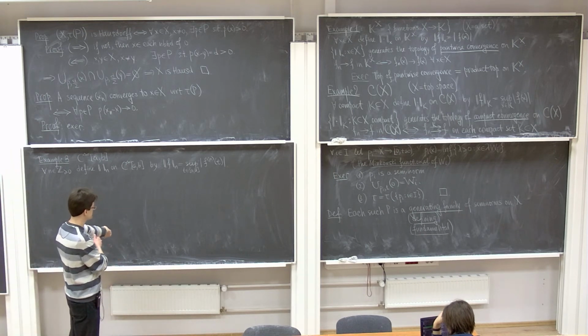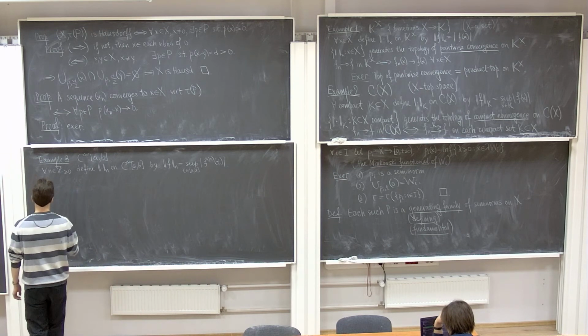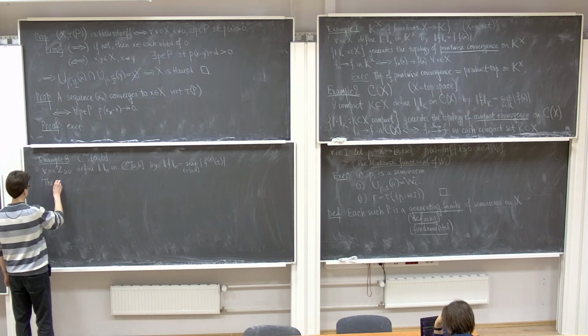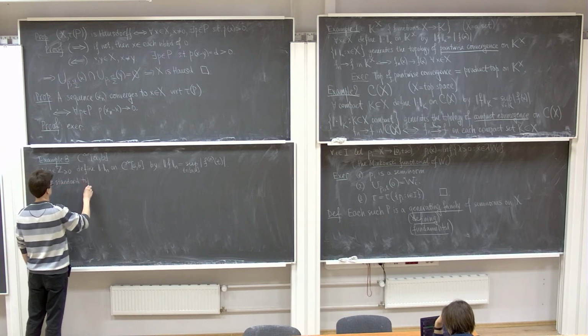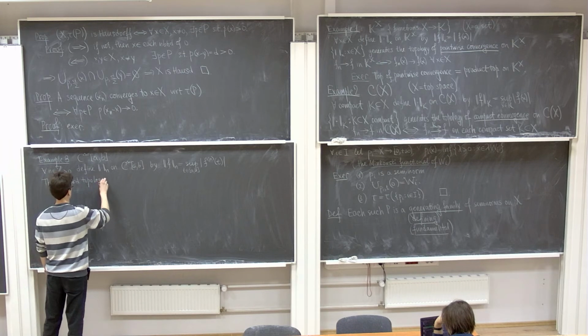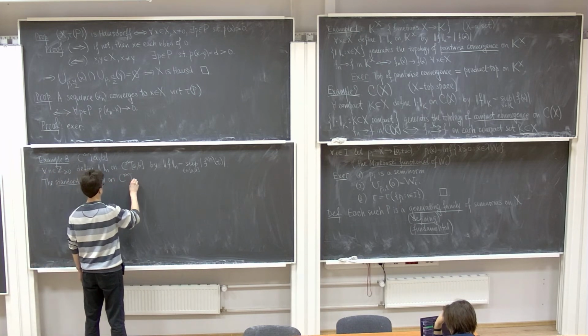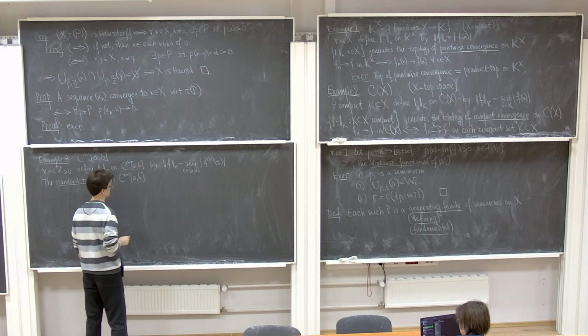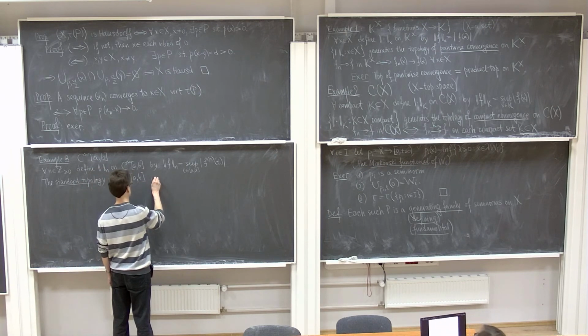So if n is 0, then this is just the usual supremum norm. If n is positive, then this is a seminorm. And by definition, the standard topology on the space of smooth functions is the locally convex topology determined by the family of all such seminorms.